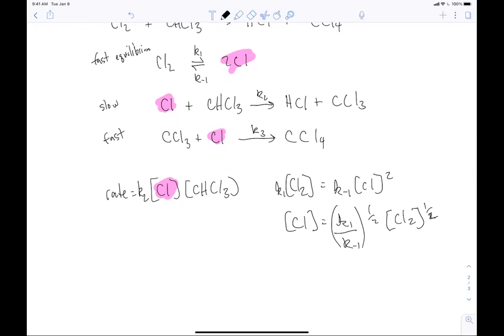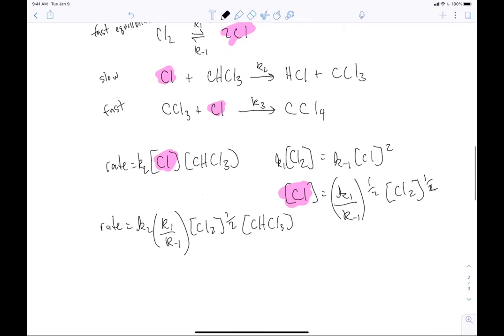But then we can take this and substitute it back in over here. That allows us to write out our rate law, which would be K2 times K1 over K negative 1, times Cl2 to the 1/2 times CHCl3.